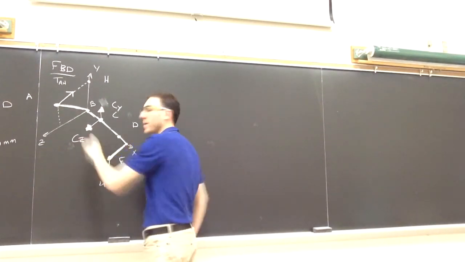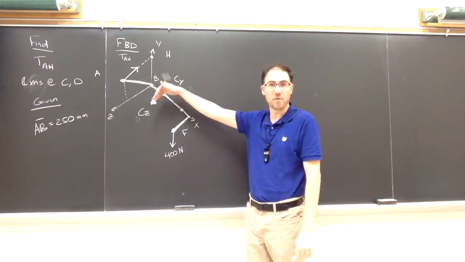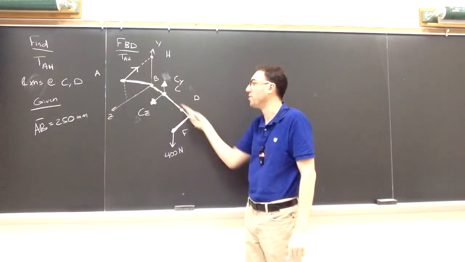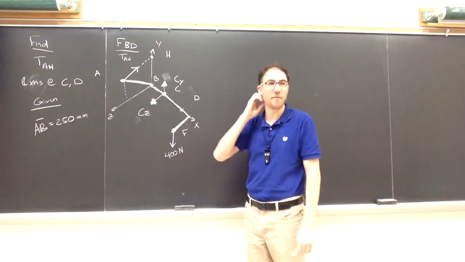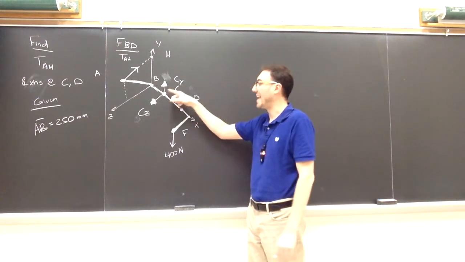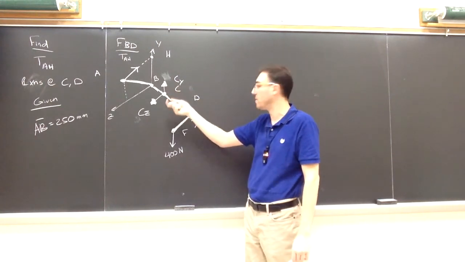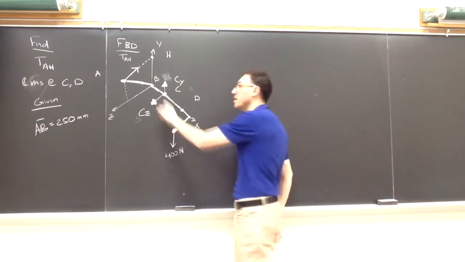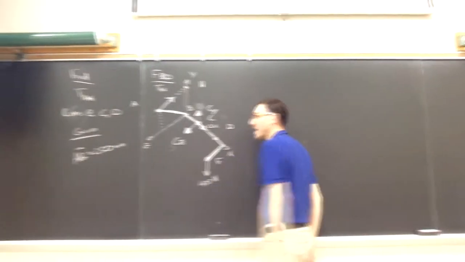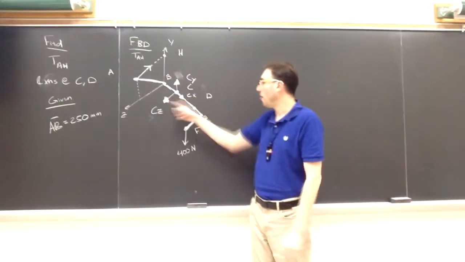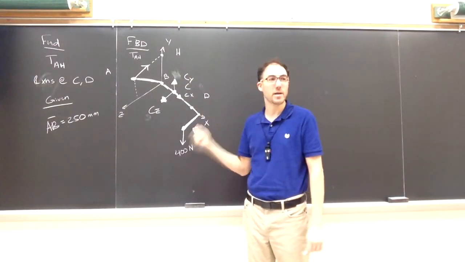The difference between the thrust bearing and the journal bearing is that the thrust bearing also prevents the shaft from moving through the bearing, or moving along the longitude of the shaft itself. So at C, that thrust bearing, there'll also be a force because it prevents motion in the X direction. So this will also have a CX. So all three force components will be at C, the thrust bearing.